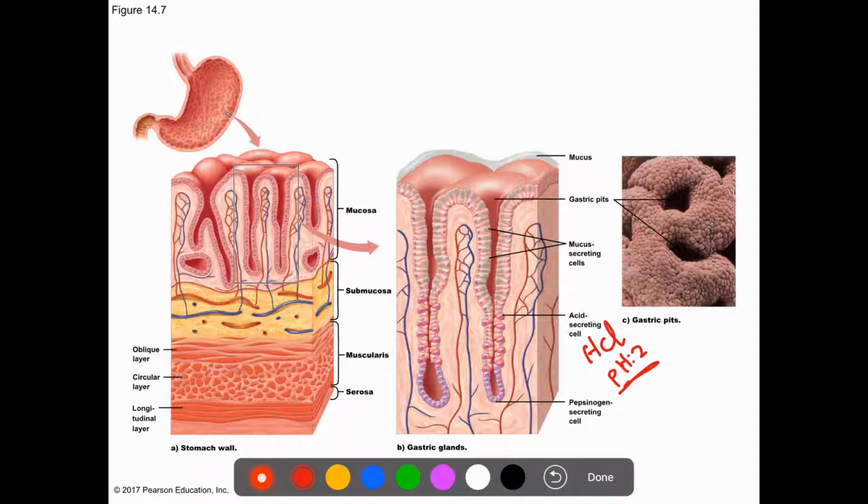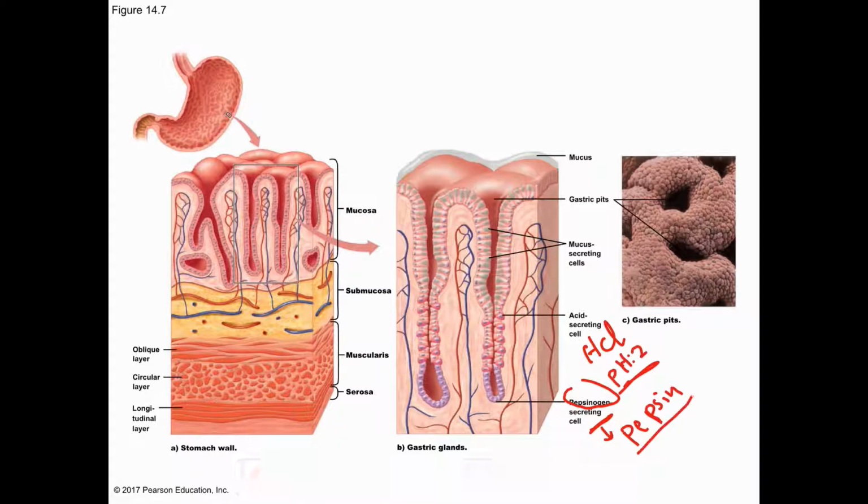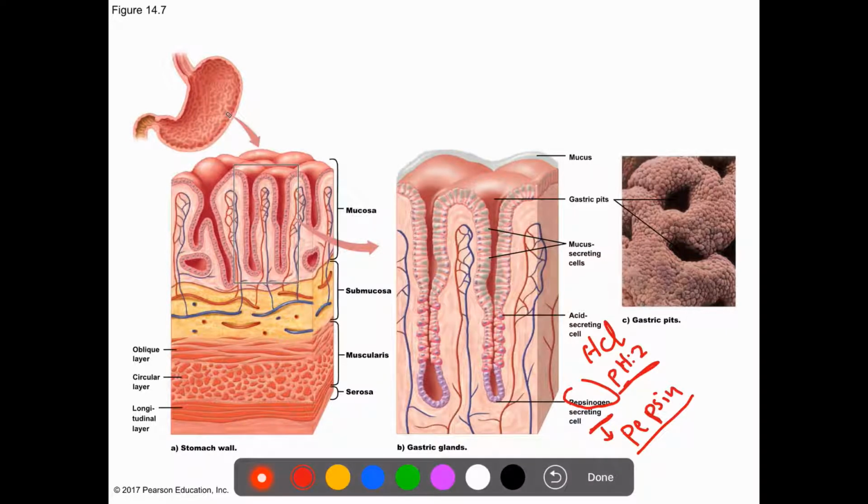We have pepsinogen secreting cells. These are producing a proenzyme. It's called pepsinogen. That enzyme will turn into pepsin. If you're wondering, or if the name rings a bell, that is the same name as Pepsi. So Pepsi, the company, took the name of this enzyme and made it into a soft drink.